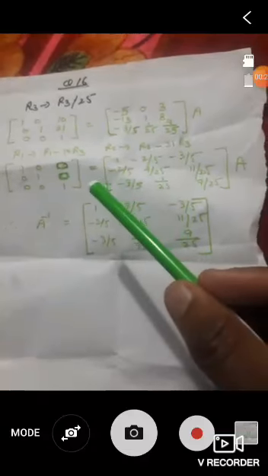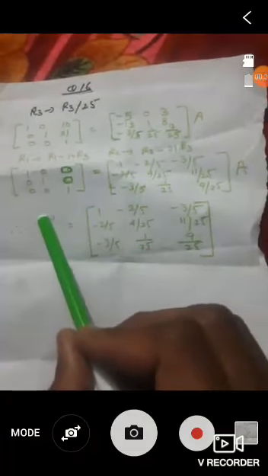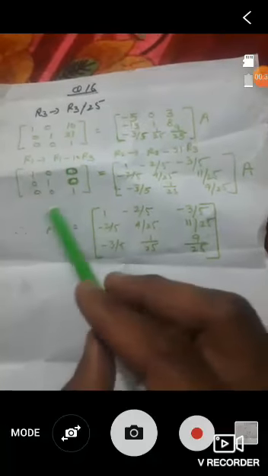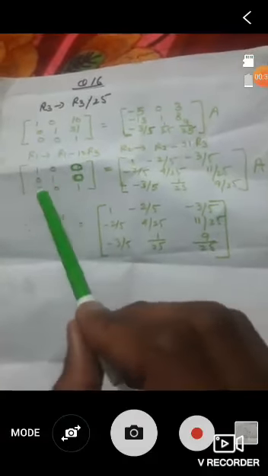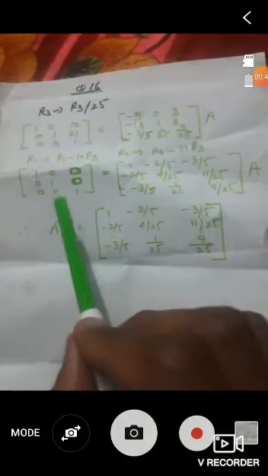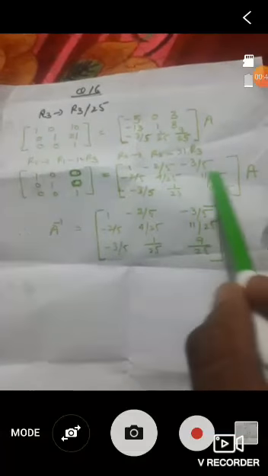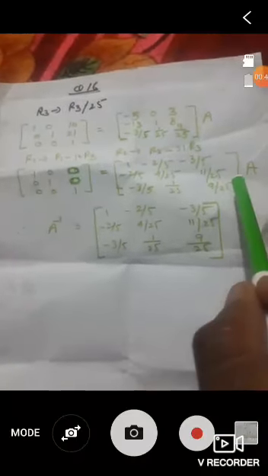After applying this operation, I am able to find an identity matrix on the left hand side, which is 1 0 0, 0 1 0 and 0 0 1, and the modified form on the right hand side.